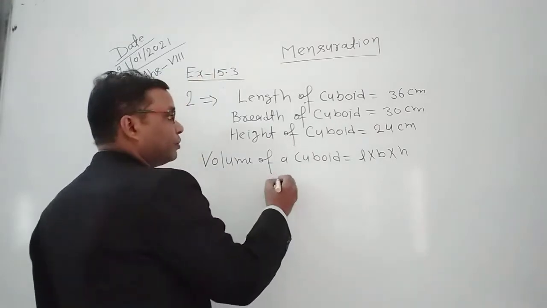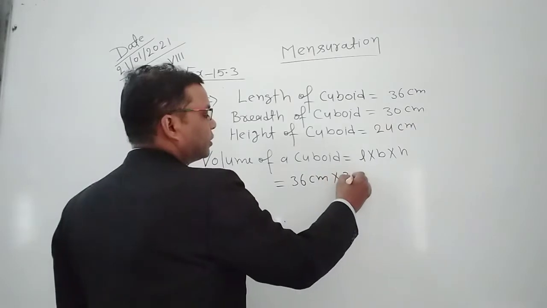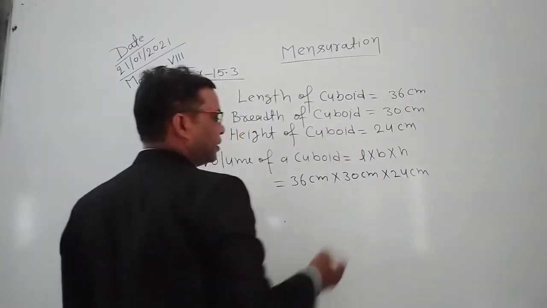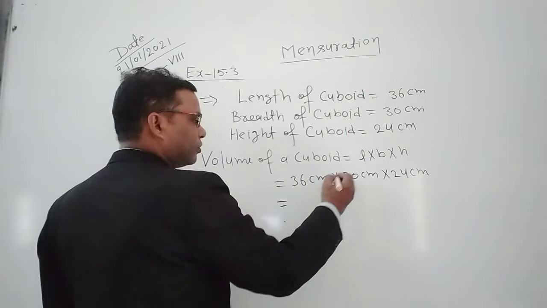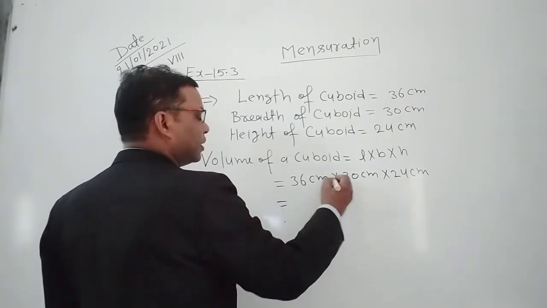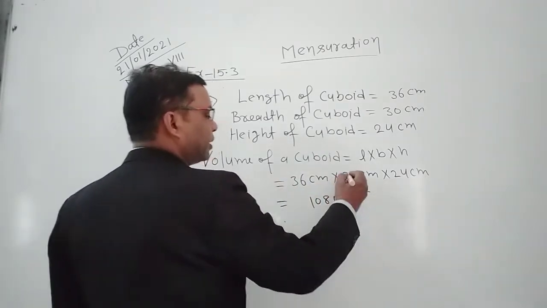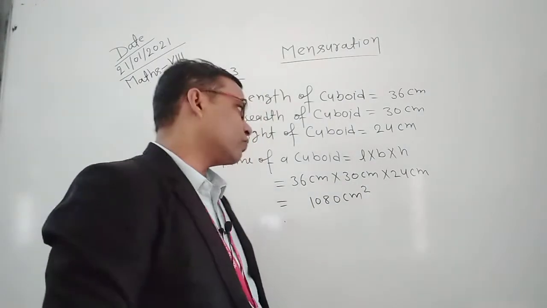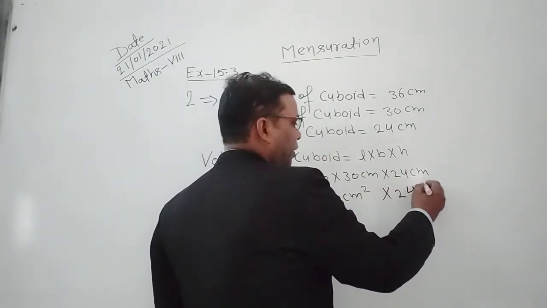Okay, so here put 36 centimeter, this is length, 30 centimeter, this is breadth and 24 centimeter, this is height. If you multiply 36 into 30, you get 1080 centimeter square, into 24 centimeter.